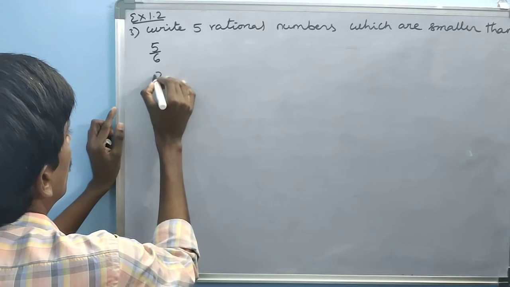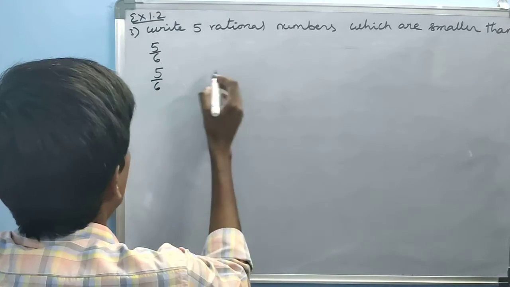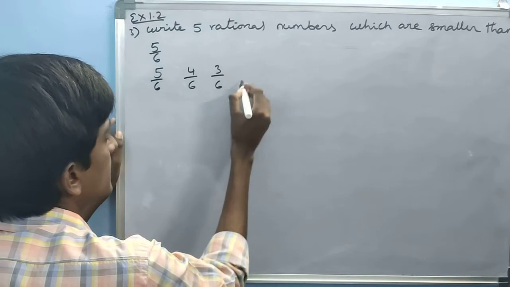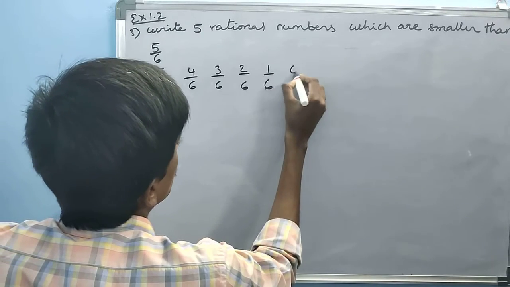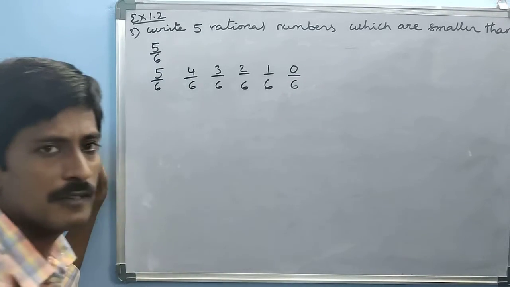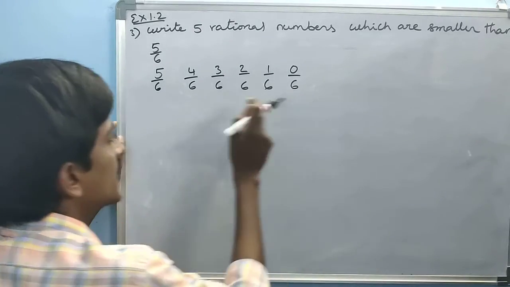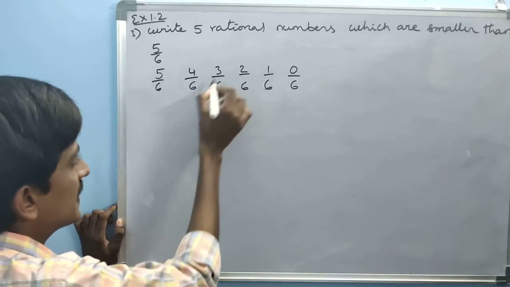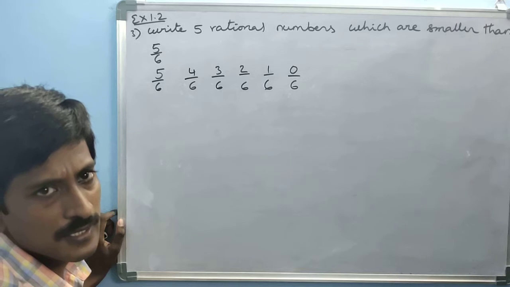Okay, 5/6. 4/6, 3/6, 2/6, 1/6, 0/6. Enough. So 0/6 is the smallest, and 4/6, 3/6, 2/6, 1/6, 0/6. These are 5 numbers.